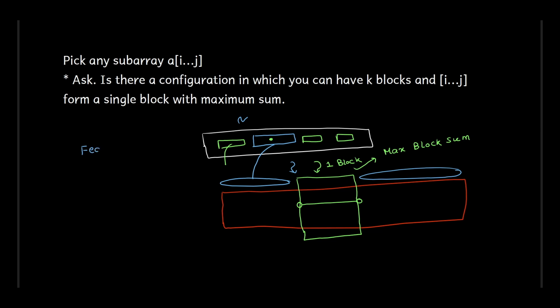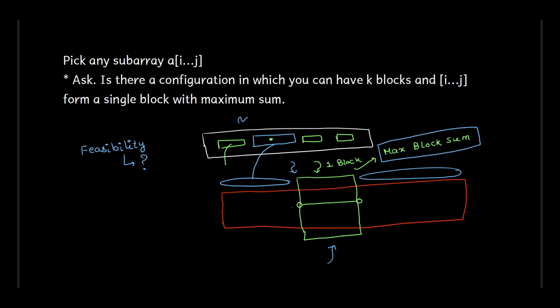That is, is it even possible to create a partition in which this block appears as one valid block? So this is the feasibility criteria. Right now, we are not even worried about how we will make this the maximum sum in that partition. We just ask the very simple question, is it even possible to take this block as a valid partition?